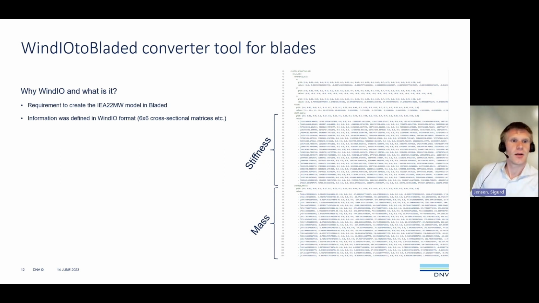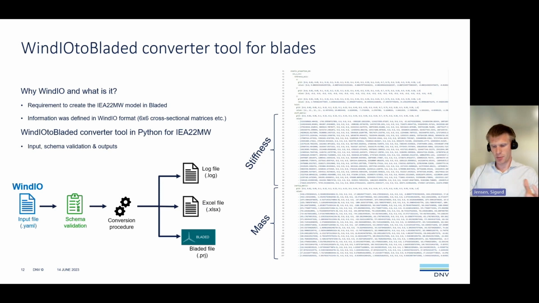And this information was defined in these 6x6 matrices that we're not capable of modeling in Bladed. So we needed to convert those into a Bladed compatible format. So in comes the converter tool.